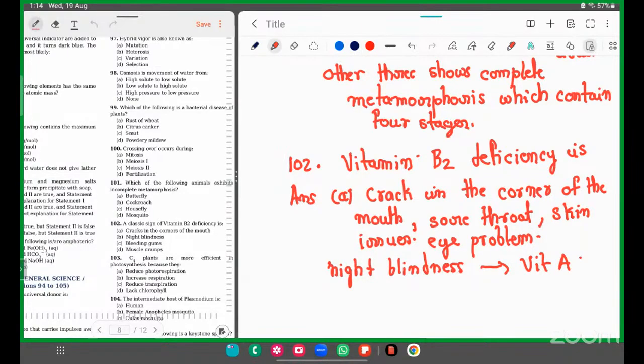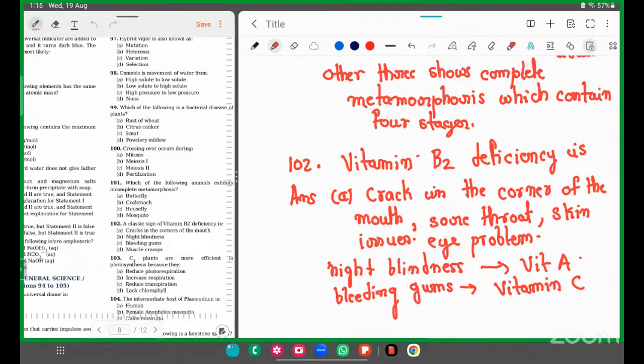Then the other option is bleeding gums, or we can say scurvy. It is also known as scurvy, and it happens mostly when there is vitamin C deficiency. Like I told you earlier, without vitamin C, skin maintenance is not there, due to which the outer skin of the gum starts tearing up and there is bleeding in the gum.